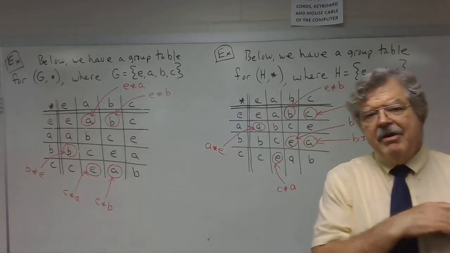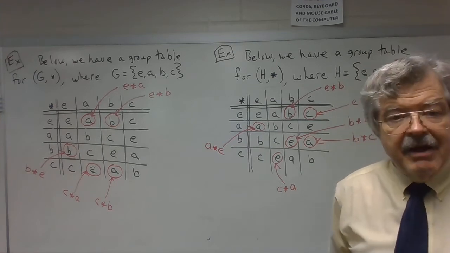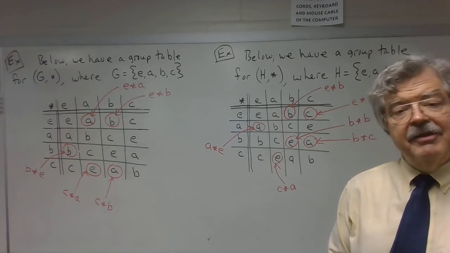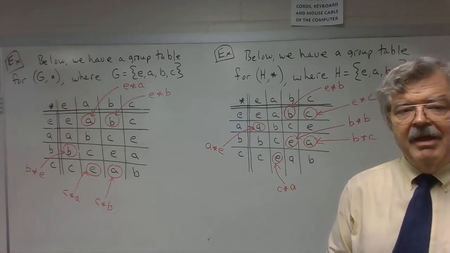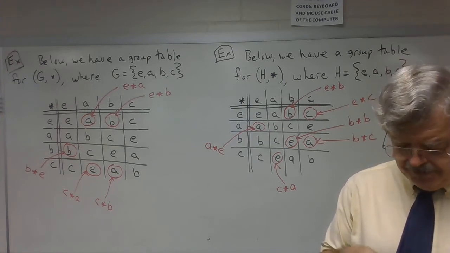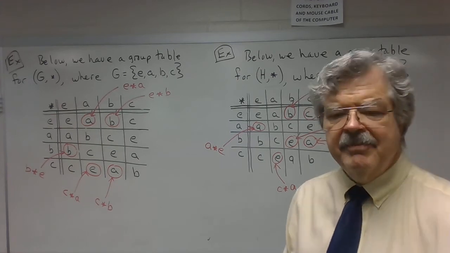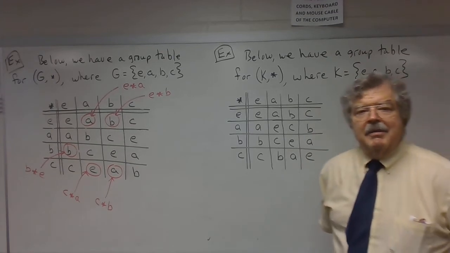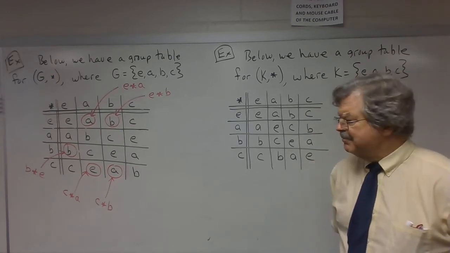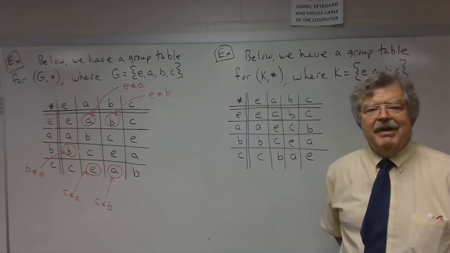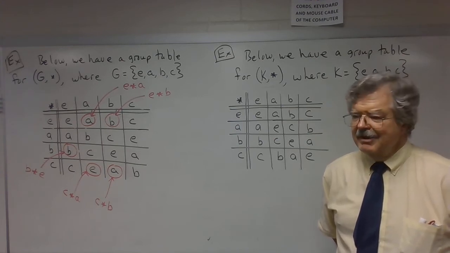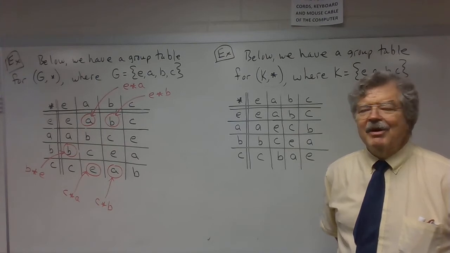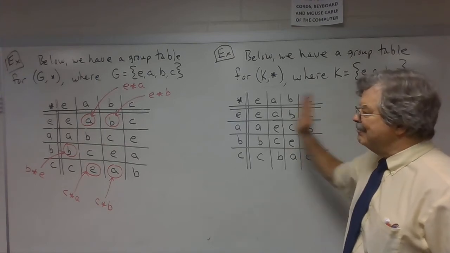Now we might notice some similarities in the two tables and some differences in the two tables. And I think I want to talk about this now. Let me just make sure. I'll check my notes. Let me apologize for being stupid. This example of H wasn't the one that I wanted to give, but I didn't notice it until I hit the pause button and turned around and looked at both groups.